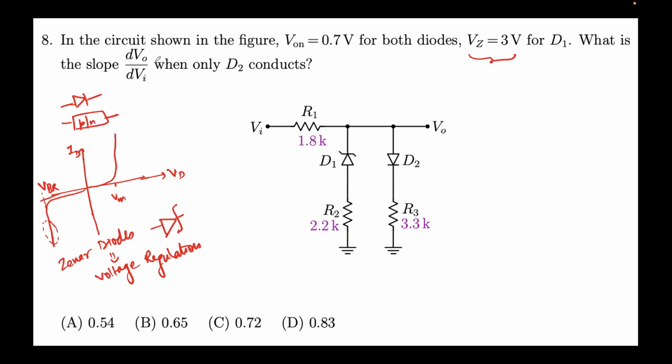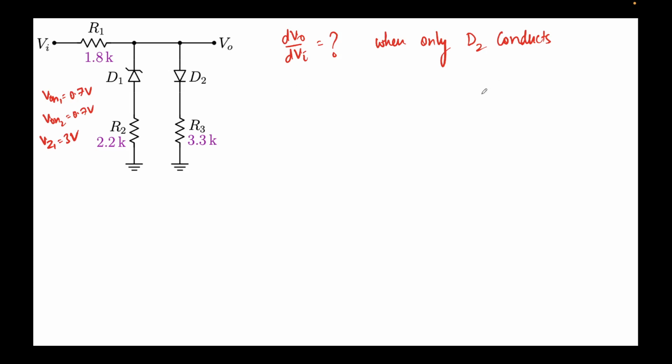We are required to find the slope of V out versus Vi when only D2 conducts, right? So when D2 is conducting, let's call this V2.